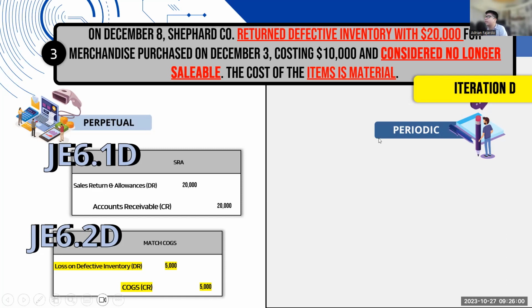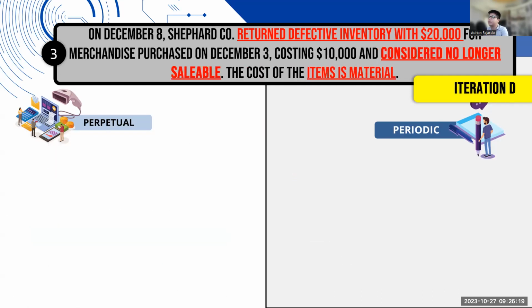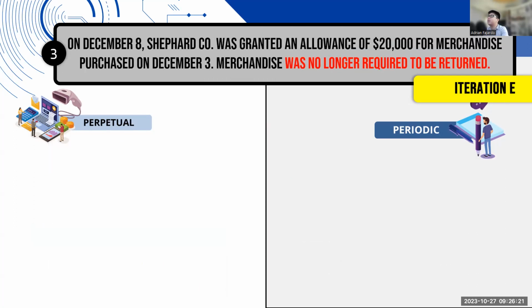So basically, instead of cost of goods sold, we're transferring it to a new expense account called loss on defective inventory kasi hindi mo na siya mabibenta. So, the reason why I'm showing you these 5 iterations is nag-iiba yung journal entries natin for each of the iterations depending on ano yung sinabi sa inyo. So, merchandise was no longer returned.